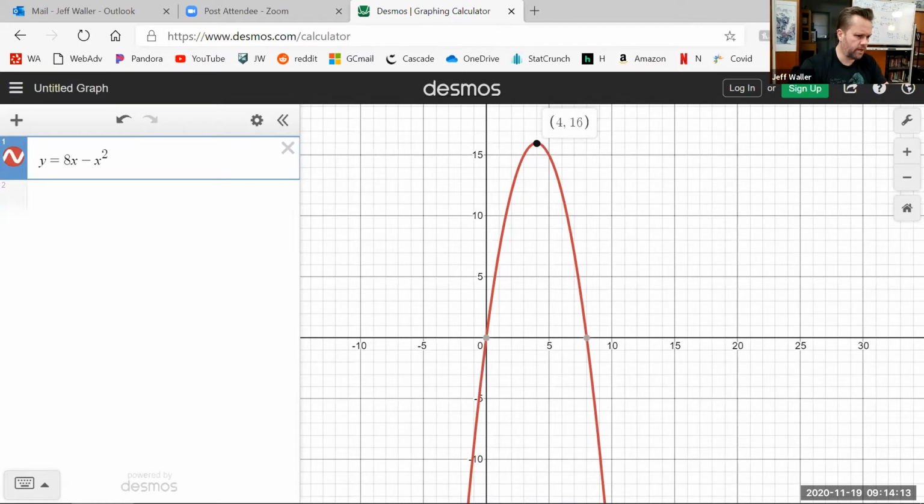How can you find that without using the graph? Let me show you something that goes beyond what the book decides to share with us. I'm going to stop sharing and share this. Let me show you a little trick.